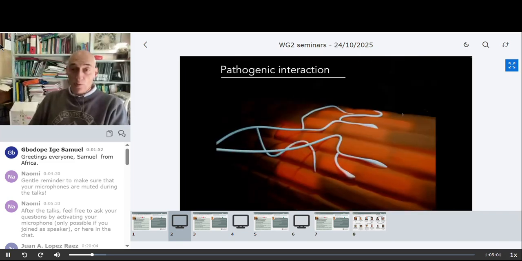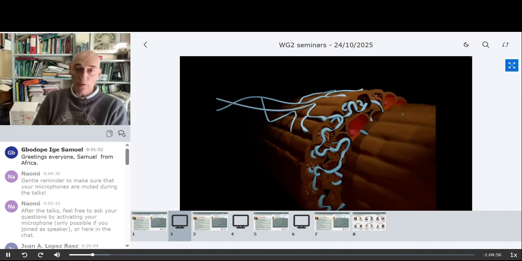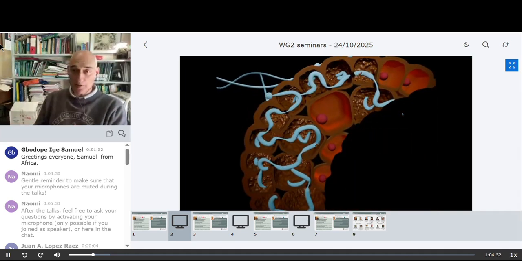The situation is quite different when a different type of fungus interacts with the root. Pathogenic fungi trigger defense responses, but then the outcome is completely different, as we know very well.